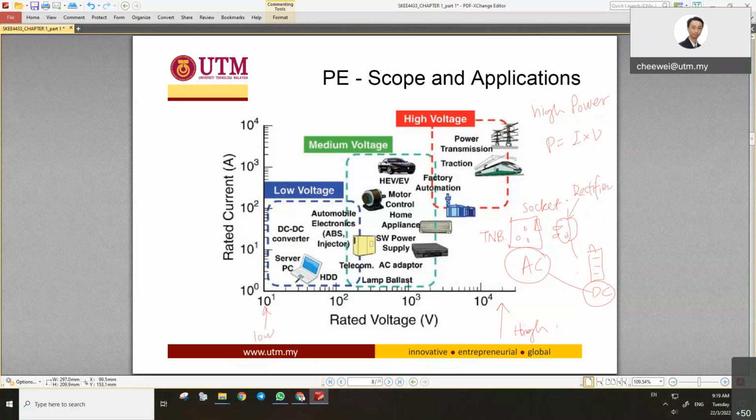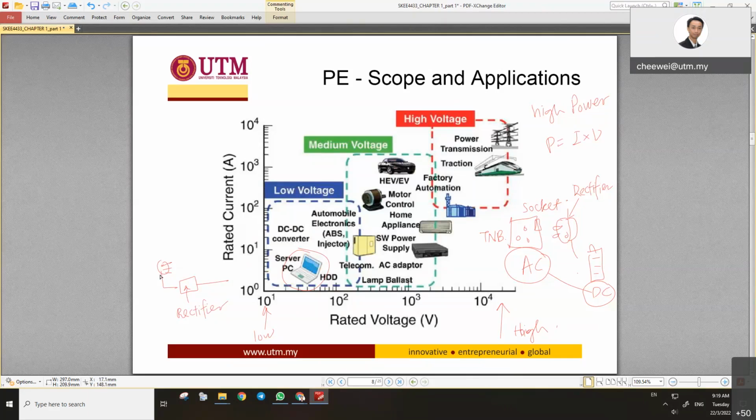But then in a laptop, for example, you will have your laptop charger, right? Same thing. There's a box here, the laptop charger, and then this is the socket, the plug. The laptop charger is actually the same thing, a rectifier, because inside the laptop there is a battery, and battery is DC.